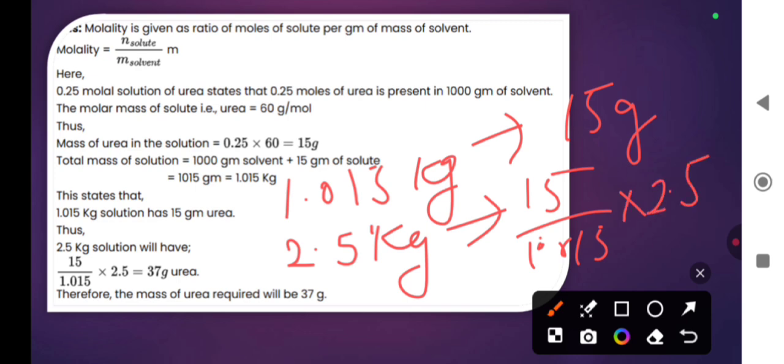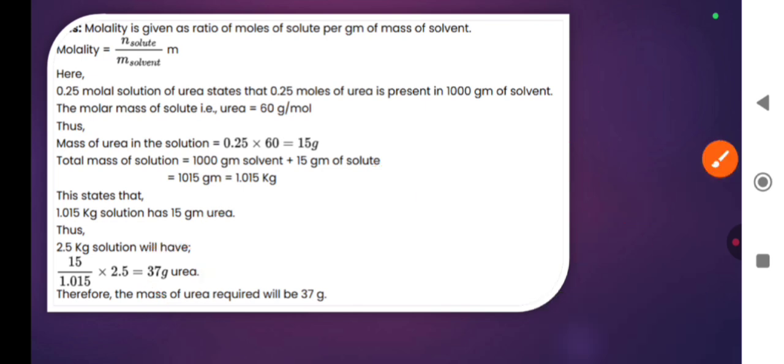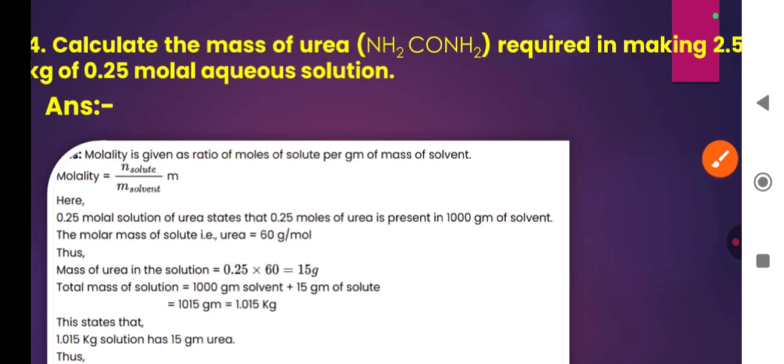This is the unitary method that you did in junior classes. Then you will get the answer. How much is the quantity? 37 gram of urea.